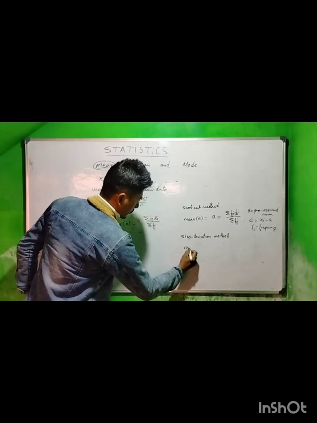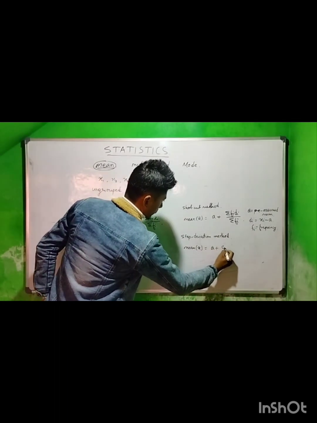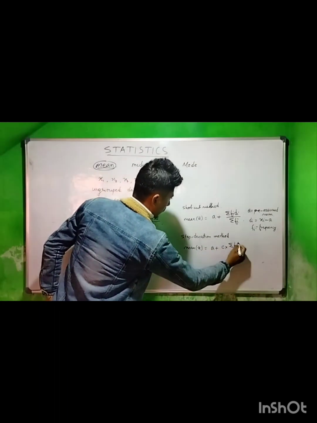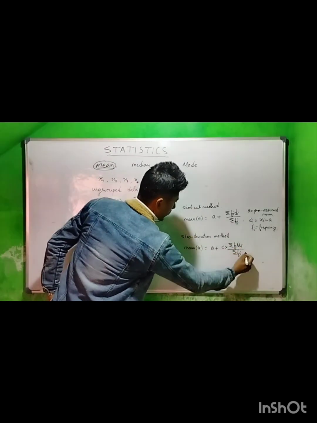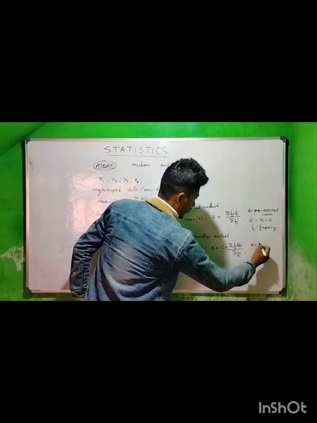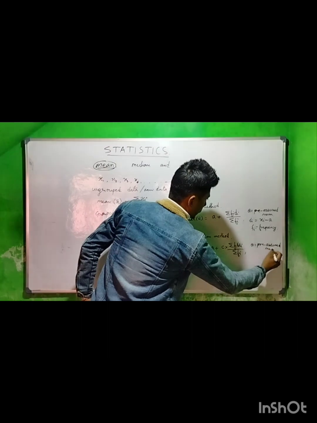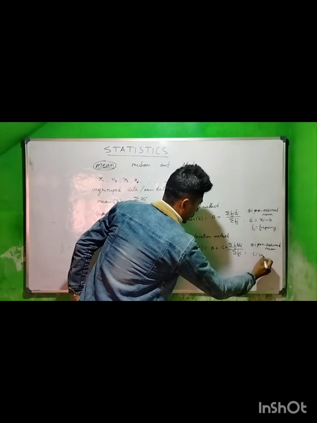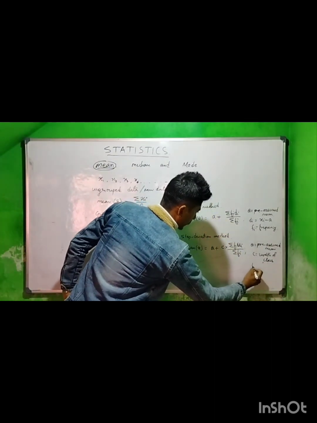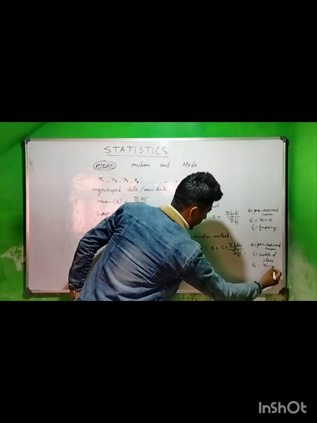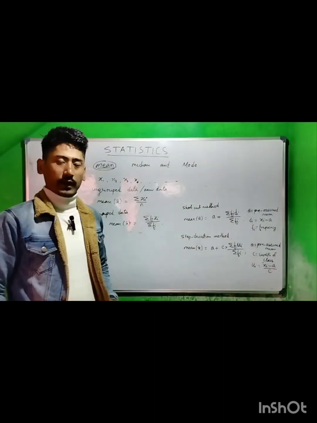In this method, we can find mean by the formula a plus c times summation fi ui over summation of fi, where a is similar to the pre-assumed mean, c is the width of class or class interval, and ui is xi minus a over c. So these are the formulas to find mean.